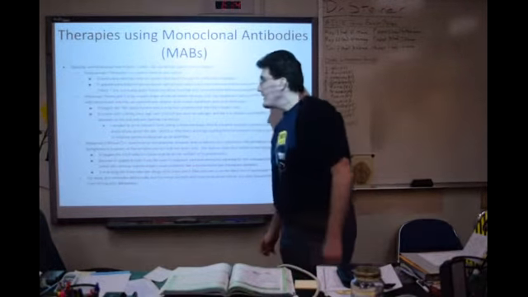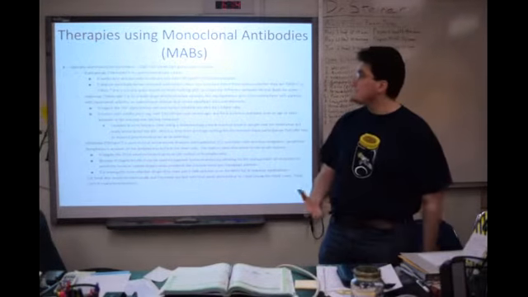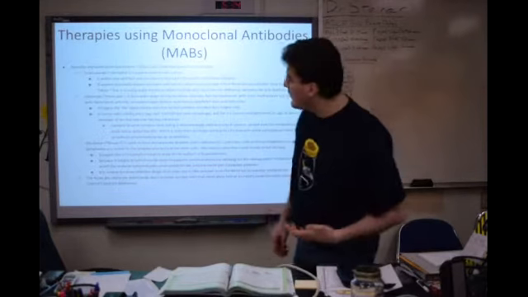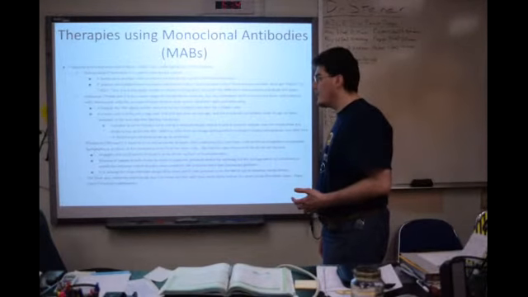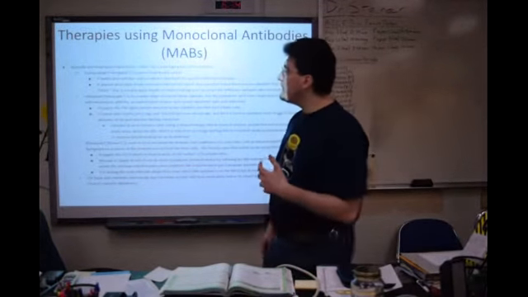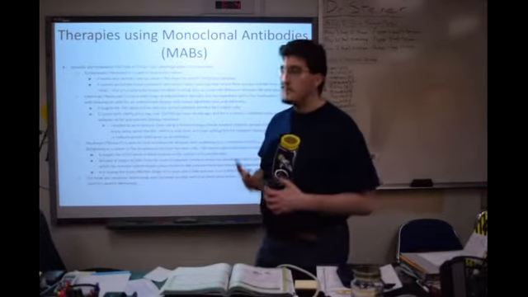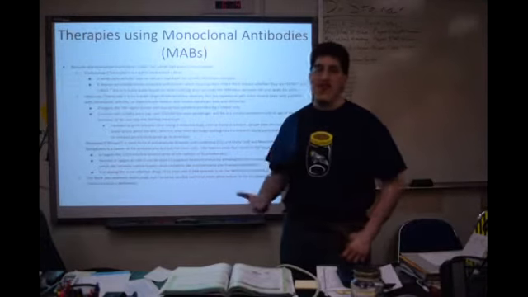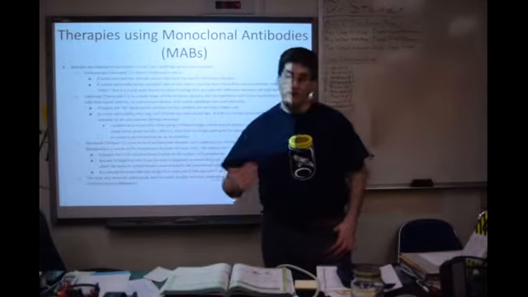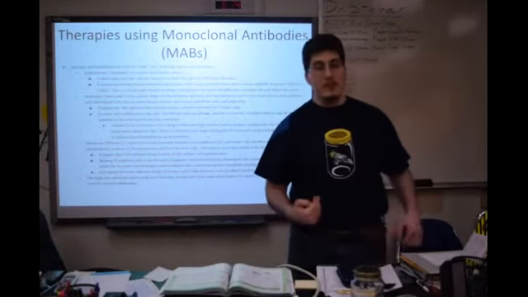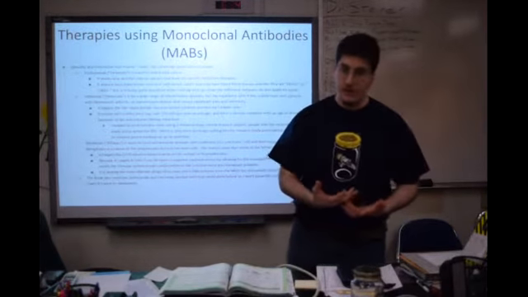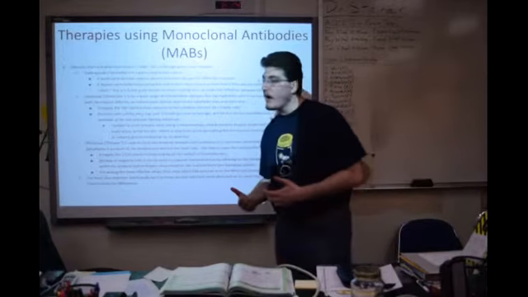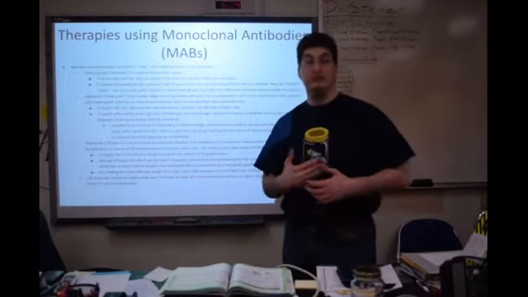Infliximab is useful for a wide range of inflammatory diseases. For example, it is useful for rheumatoid arthritis. It is a monoclonal antibody that is specific for TNF-alpha, tumor necrosis factor alpha, which is a pro-inflammatory cytokine secreted by T helper cells. T helper cells secreting pro-inflammatory cytokines produce inflammation.